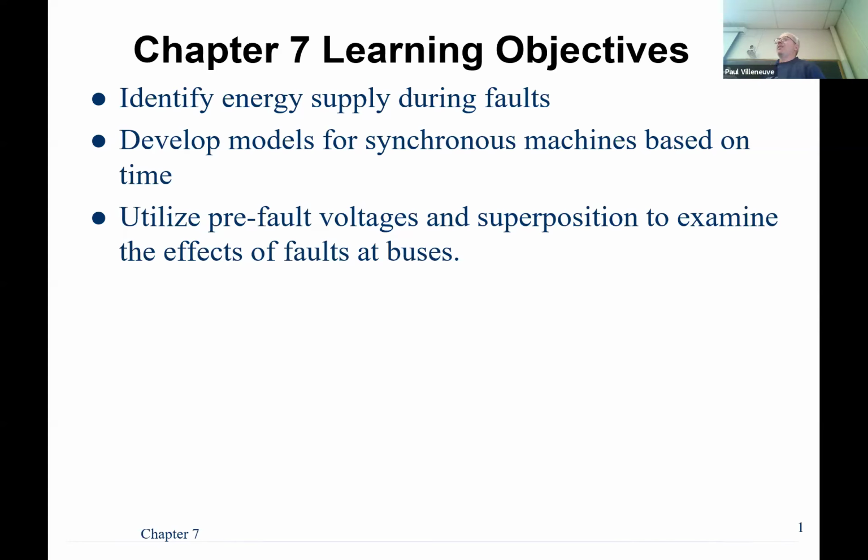So the reason why we have to assume faults in any location is because a fault can occur anywhere on our system. So what we want to be able to do is at least come up with some idea of fault currents and where the energy comes from.